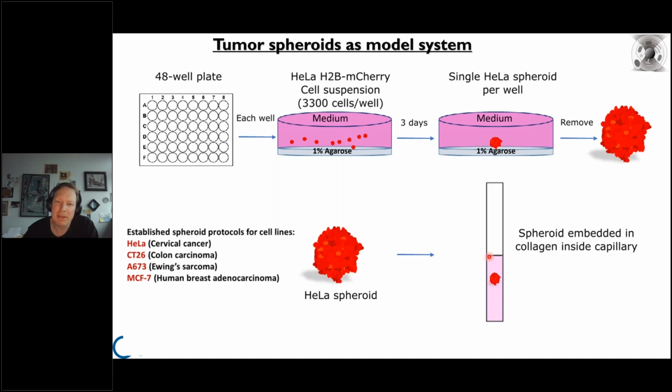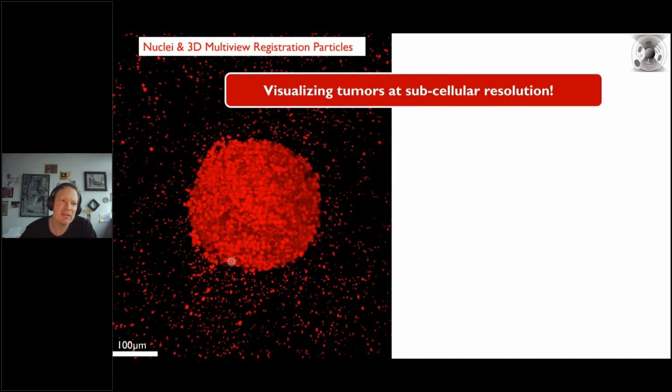You can then embed the spheroids into a capillary, and typically we use collagen to fix them in there. We can play with the collagen concentration to have interactions that might be mediated by stiffness or by other factors. You can also do this with other cells, but here we use HeLa mainly because it is one of the oldest systems. So this would be one of the images that you already saw on the first slide.